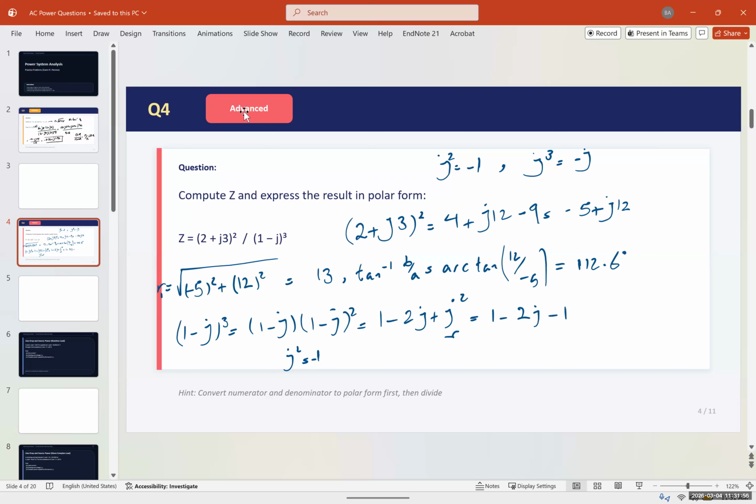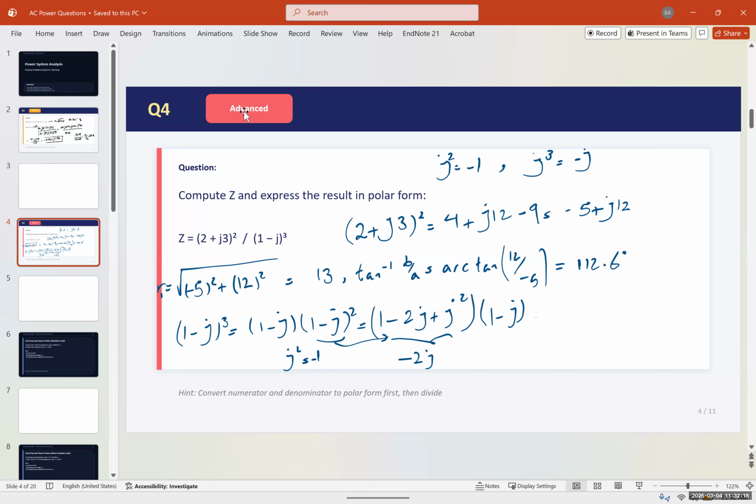I'm sorry, this is for this part only, I don't want to confuse you. This is multiplied by 1 minus j. And this would be equal to 1 minus 2j minus 1, which gives us negative 2j.